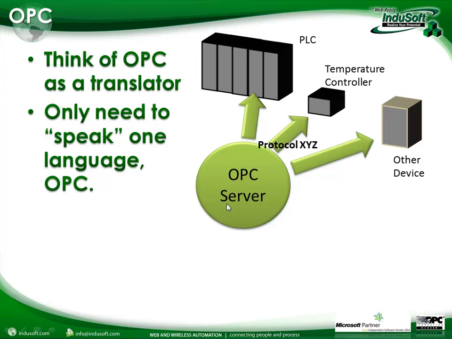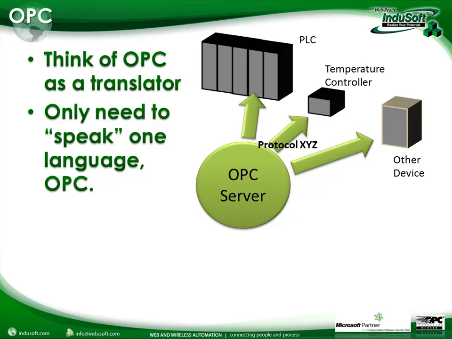This is a server-client concept. And if there's an OPC server piece of software that maybe is designed to talk some protocol, in this case I'll call it protocol XYZ, maybe it's an Allen Bradley protocol, or a Modbus protocol, or maybe it's geared towards manufacturing environments and contains several protocols built into it, you'll have to check out the documentation of the individual piece of OPC server software that you're using.